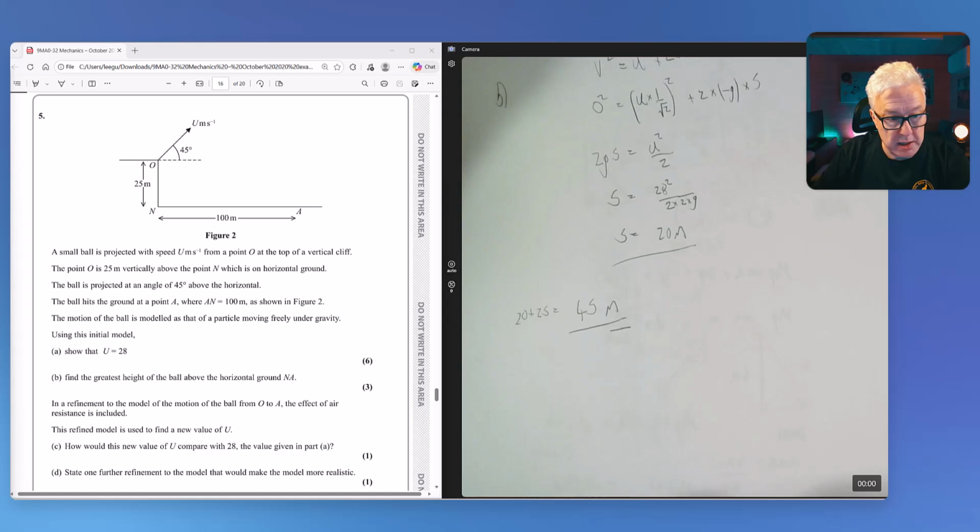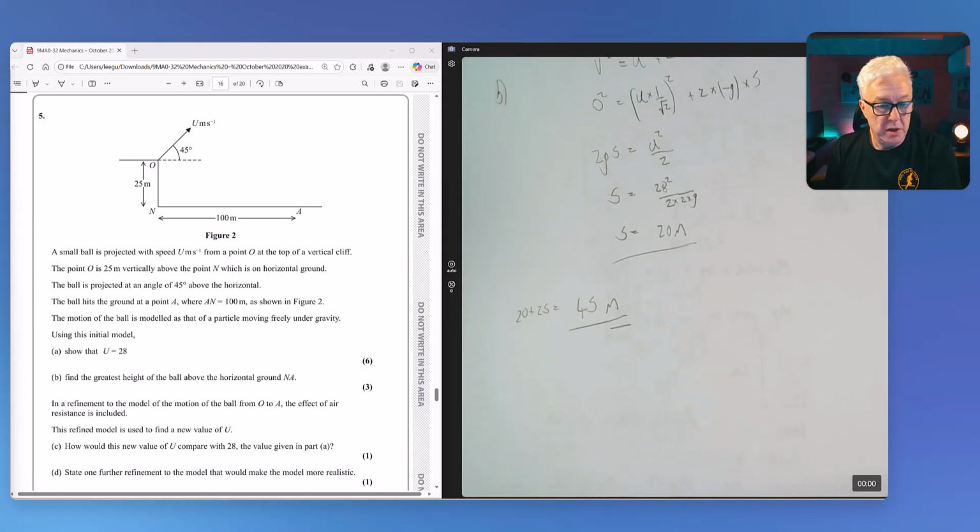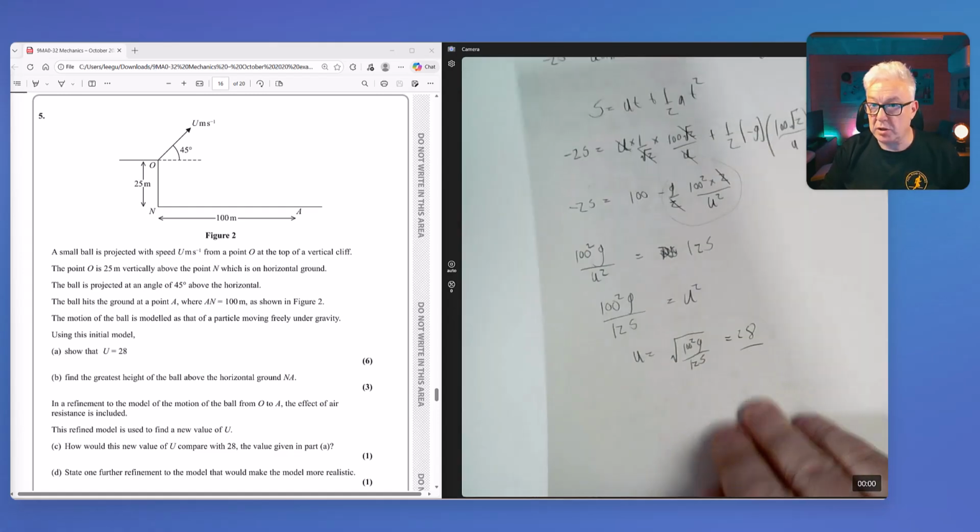Now, it says, in a refinement of the model, the motion of the ball from O to A, the effect of air resistance is included. This refined model is used to find a new value for U. How would this new value of U compare to the 28 given in part A? It's always a little bit tricky to visualize what they mean.